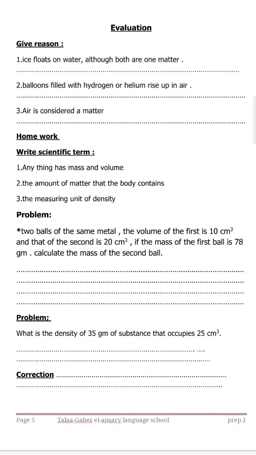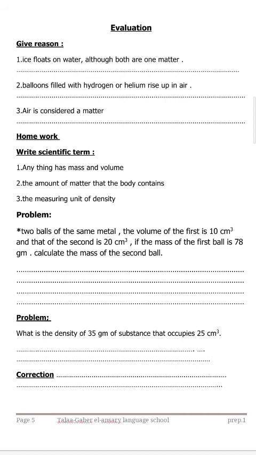طيب تعالوا مع بعض نعمل evaluation for the lesson we have studied. Number 1, give reason. Ice floats on water, although both are one matter, because the ice has a density less than the density of water. Okay.